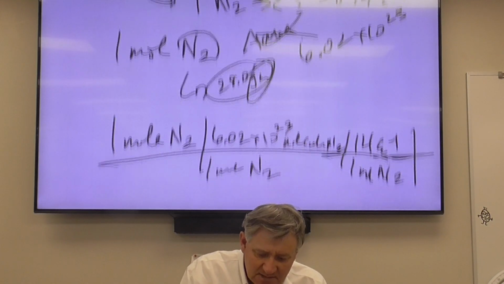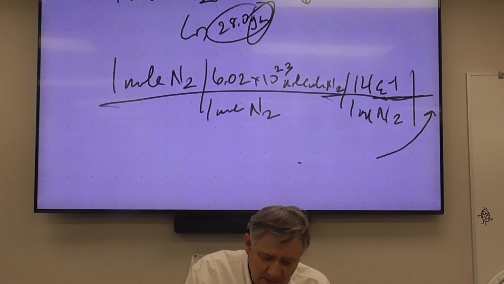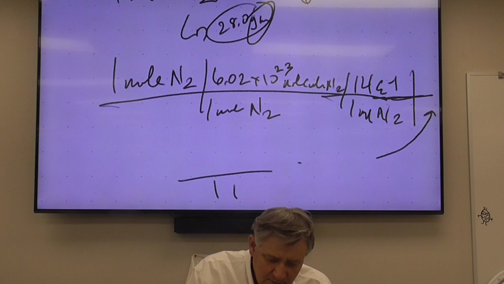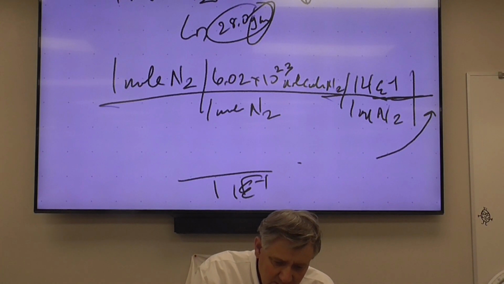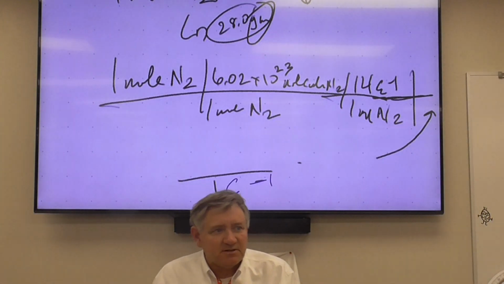So now the last step on this calculation, I ran out of room, is that down below, I'm going to put 1 electron. So if I have 1 electron, what's the charge on each electron?